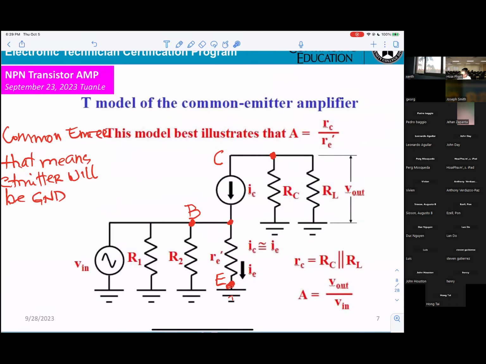This is your input applied here. So when you're looking from here into the circuitry, that's what they call the input impedance. The unit will be in ohm, that resistance. Okay? But they call it input impedance.